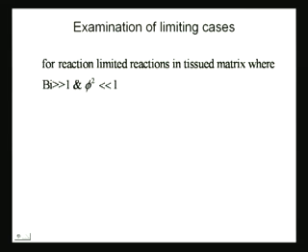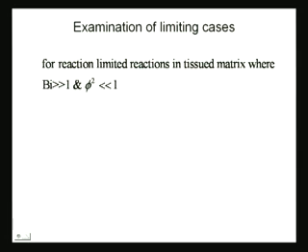Can you define completely reaction limited systems using only phi square much smaller than 1? Why do you need the other condition? And the second condition involves a Biot number, right?